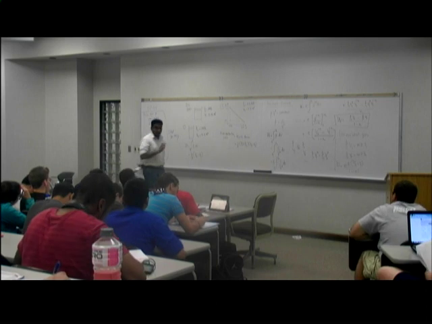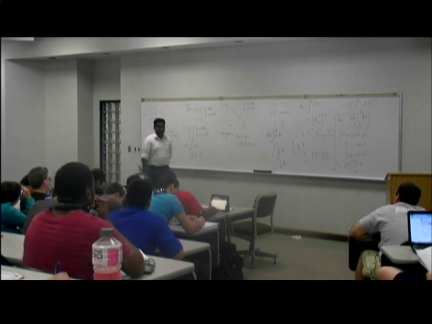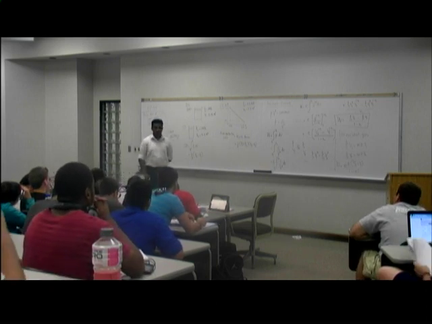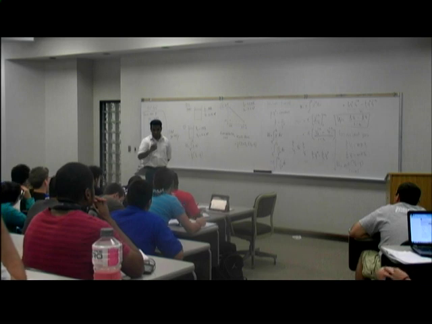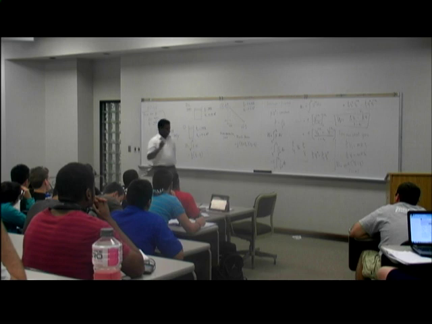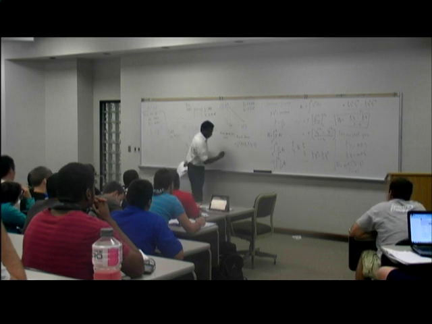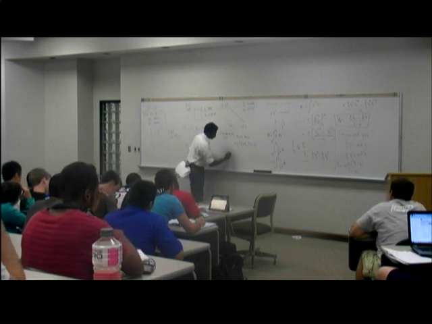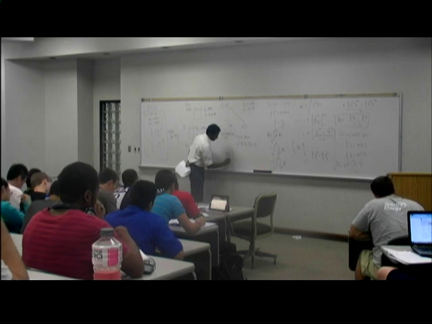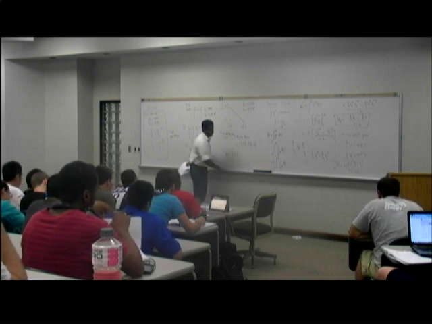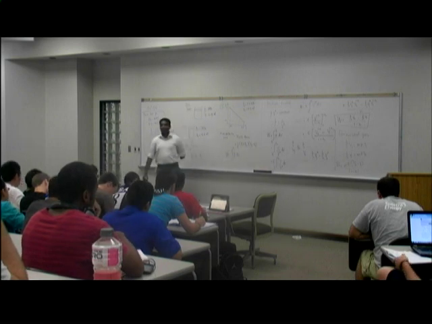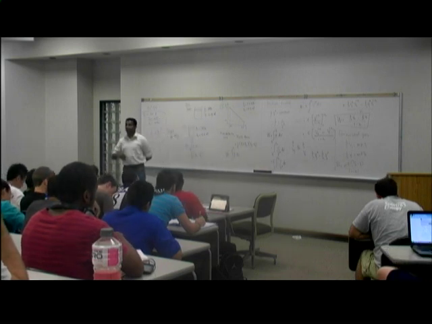Now, I want you to go home and do this exercise, and I will give you 20 points extra for the homework if somebody presents it in the class next time. You have to use W equals the integral from 1 to 2 of P dV and obtain this equation, to show that the area under the curve is equal to the work done.